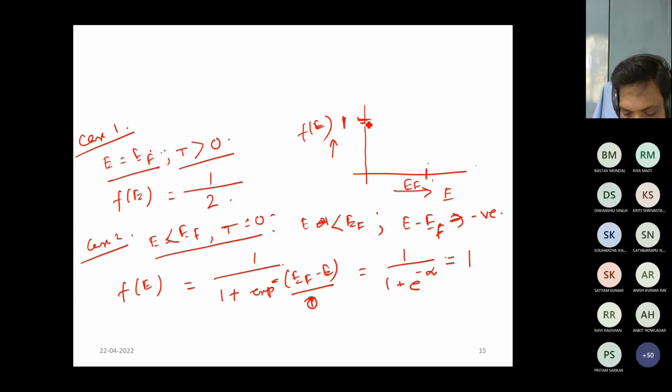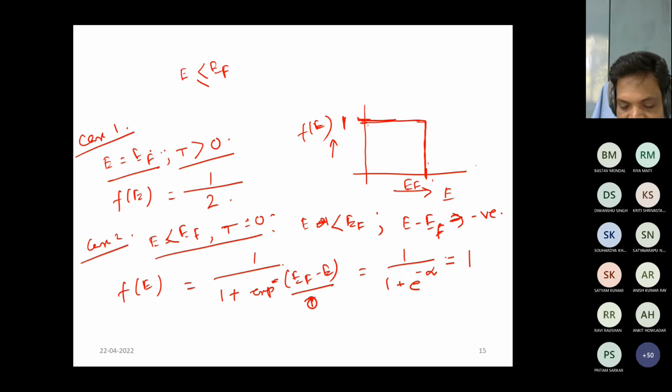So at T equal to 0, for all the energy states below EF the probability value is 1. This indicates that all the energy states below or equal to EF are completely filled by electrons at absolute zero temperature.